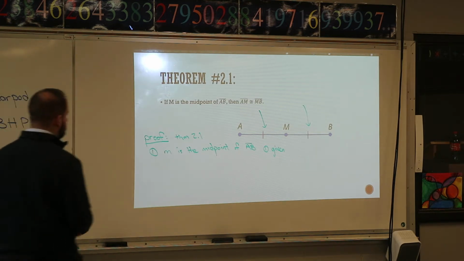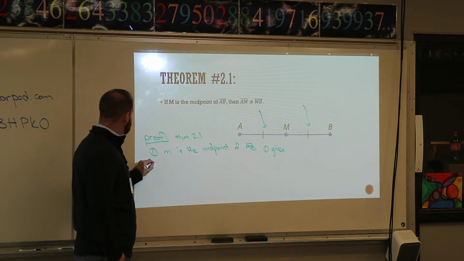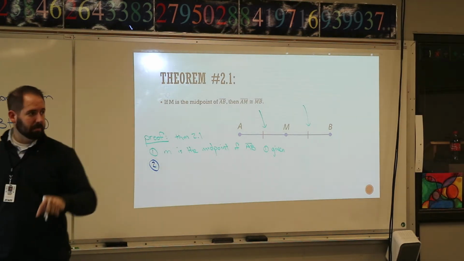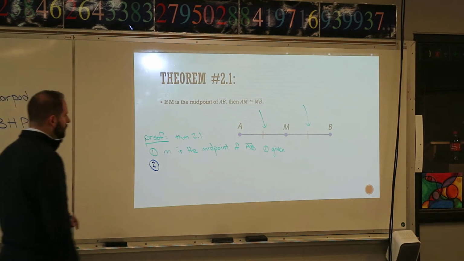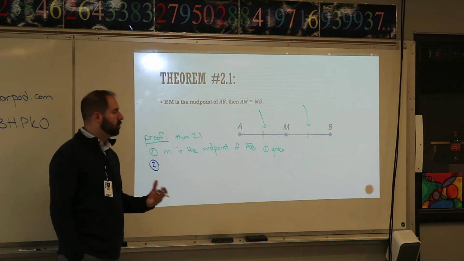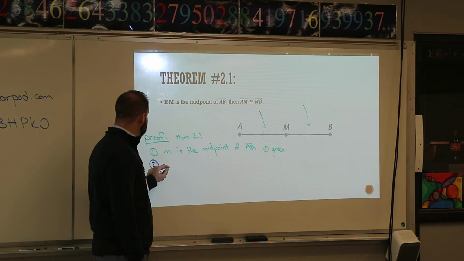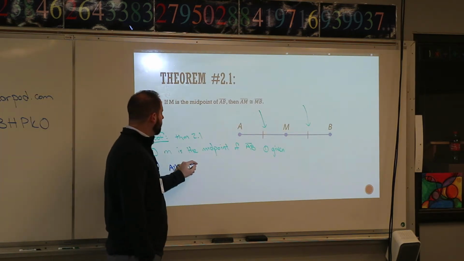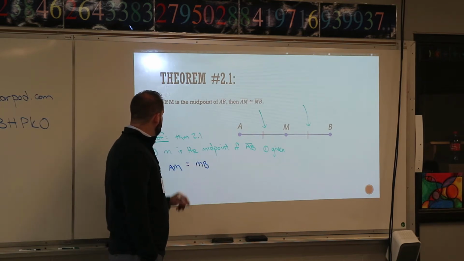That's what the second line is reserved for. So, if you go in your book and you look up the definition of midpoint, what midpoint says is that M is the middle point between two endpoints. It means that the distance from A to M is equal to the distance from M to B.